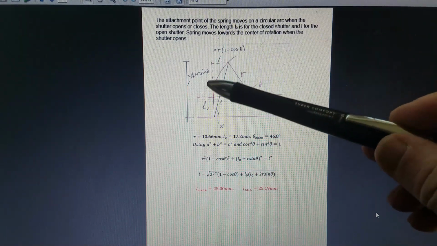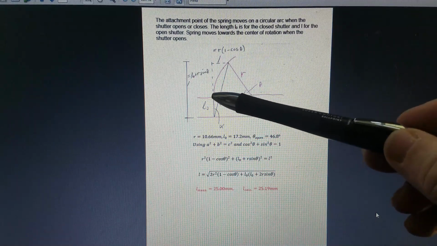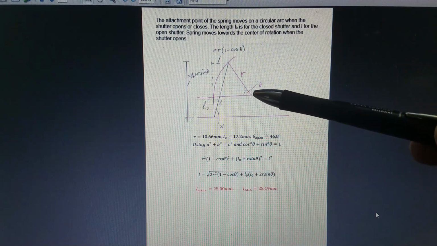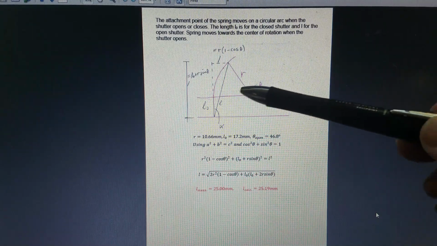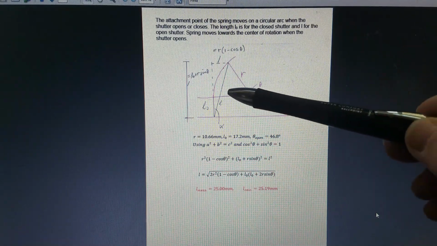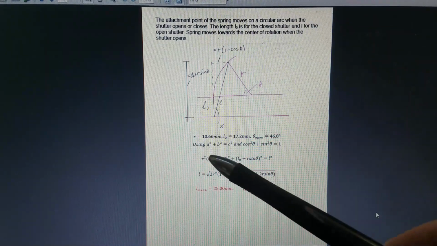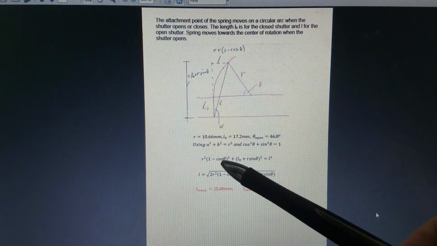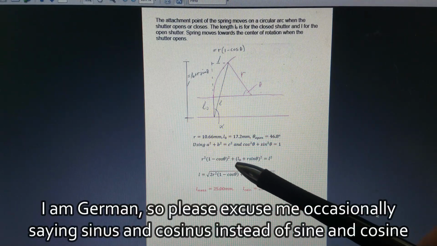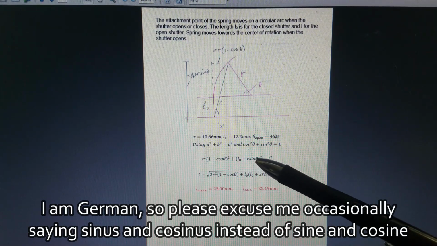That would be this line, and then this line is the radius minus the cosine of theta. So the whole radius minus this bit, and that leads to r squared times (1 minus cosine theta) squared plus (L0 plus r sine theta) squared equals L squared.